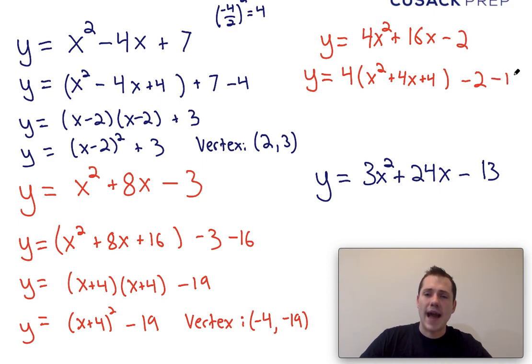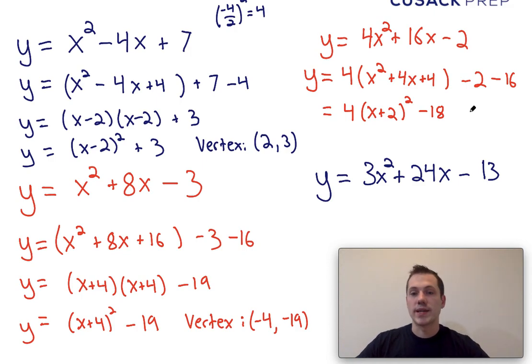So I have to subtract 16 out here. Then, just like the last problem, it factors nicely into x plus 2 times x plus 2, which is just x plus 2 squared. And minus 2 minus 16 is minus 18. So our vertex, which I'm just going to write as v, is the point (negative 2, negative 18).